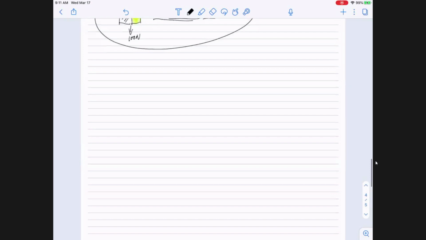So here I want to show these examples based on this one. The material is originally like this one. However, if we get elongation, the diameter will decrease.